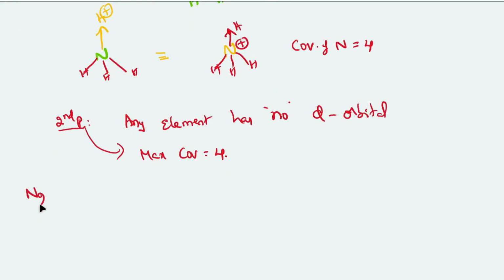Somebody thinks like this, sir. If you check N2O5, sir, N2O5 has 5 oxygens, so therefore covalency should be 5. No. If you check the structure of N2O5, N double bond O, dative bond O, single bond O, single bond N, dative bond O, double bond O, like this. So therefore, on each nitrogen, the surrounding bonds you count, there are 4 bonds only.